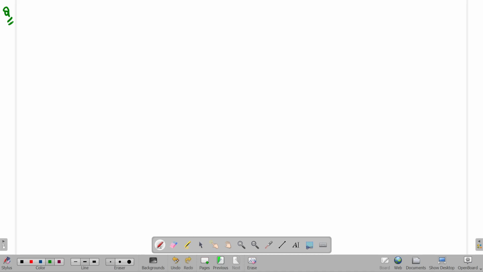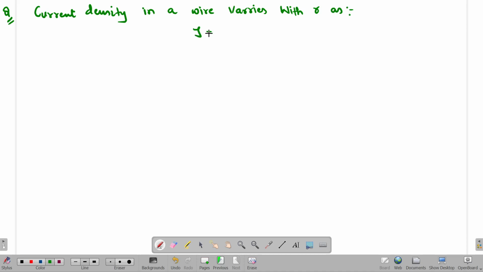So it is saying that the current density of any particle or in a wire varies with r as J is equal to J naught r to the power of n.